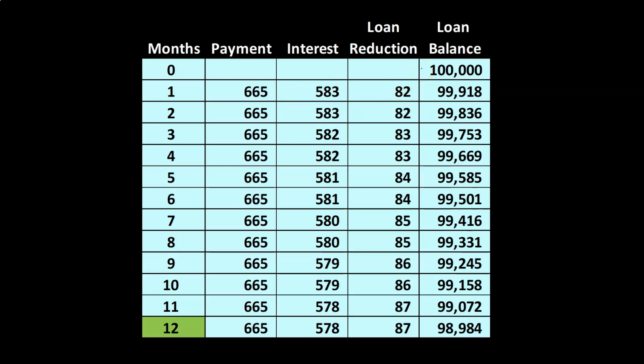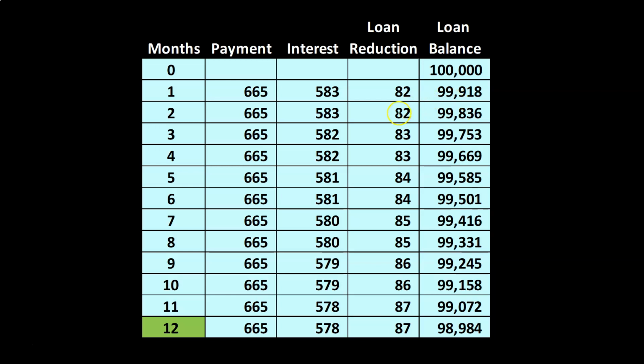Therefore, the $100,000 goes down, the balance of the loan. We don't owe $100,000 anymore, but it doesn't go down by the payment, the 665, but rather the amount of the loan reduction after taking into consideration the rent on the purchasing power, or in other words, the interest, goes down to 99,918 here.